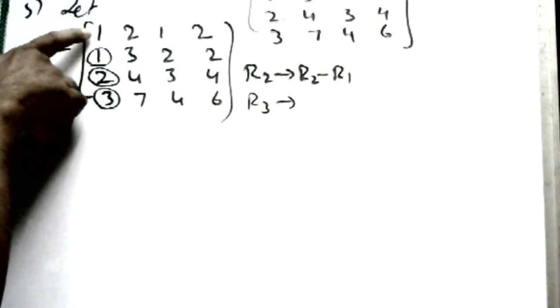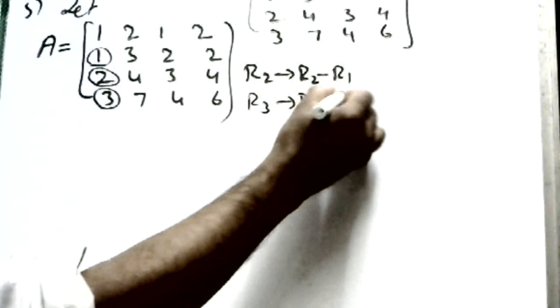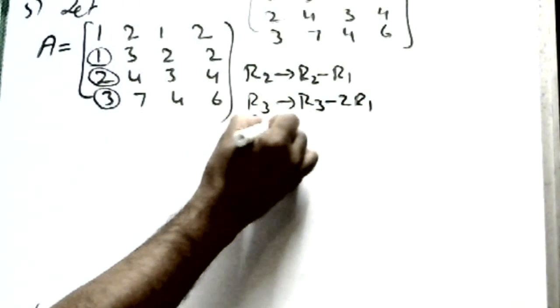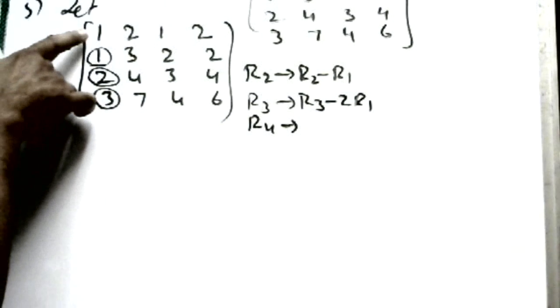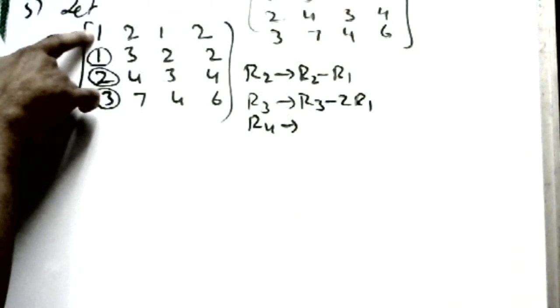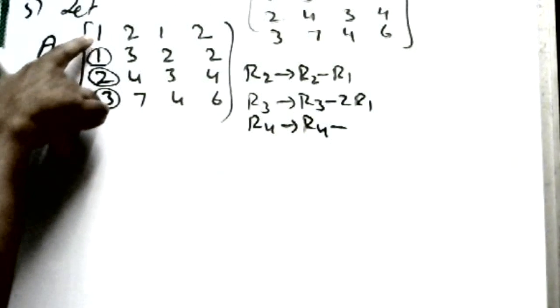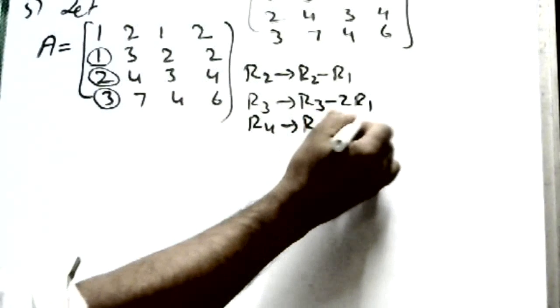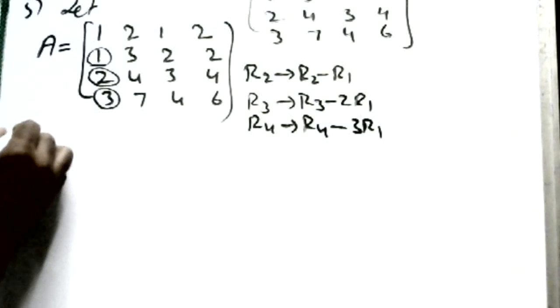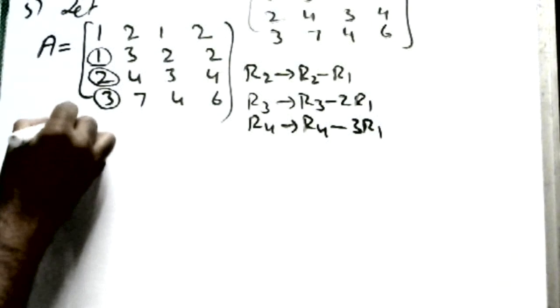R3 minus 2 ones are 2, R3 minus 2 R1. Now R4 implies, this is 3, this should also be 3. So multiply this with 3. R4 minus 3, 3 ones are 3, will become 0. So minus 3 R1. Let me change here.